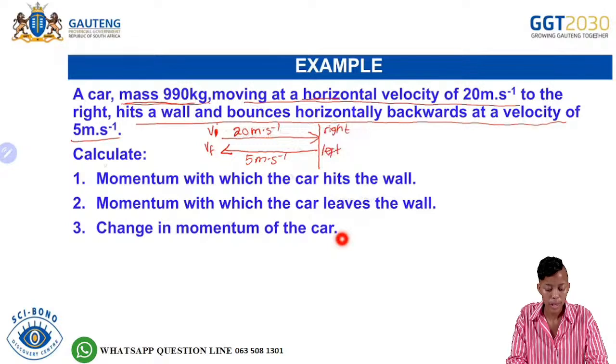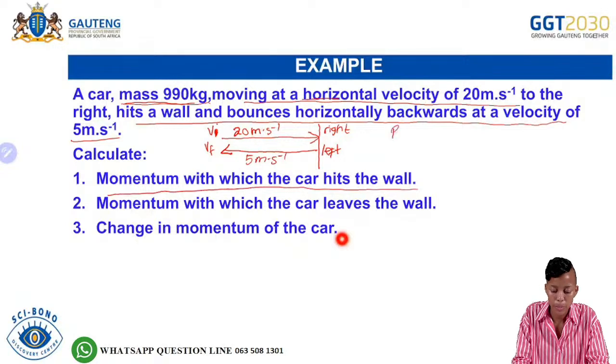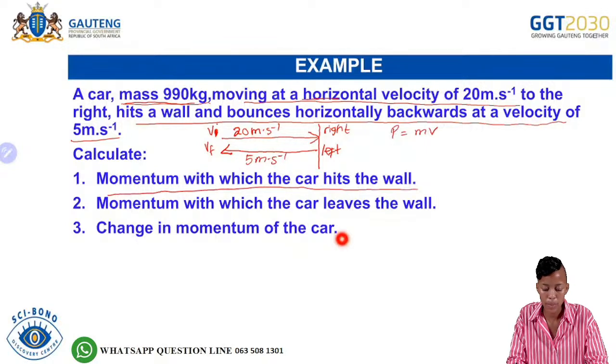Okay, then from there, calculate the momentum with which the car hits the wall. You have collected your data, and then from there, what are you going to do? You go back to your formula sheet and look for the formula of momentum. We have P is equal to mv.